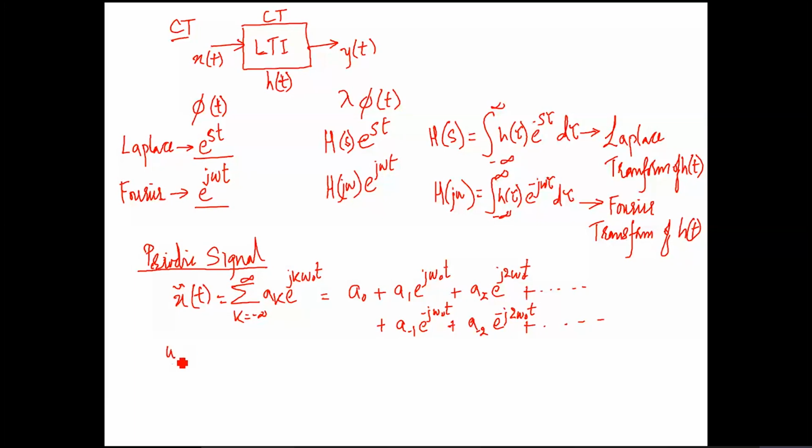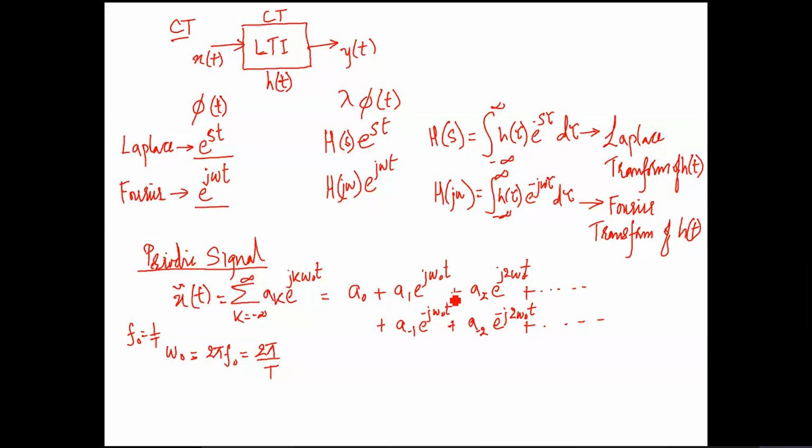This omega naught is related to your repetition time period T by the relationship omega naught equal to 2 pi f naught, or equal to 2 pi over T. And we know that f naught is equal to 1 over T. So he gave us this additional thing. Now this complex exponential, which is purely imaginary, he showed can be used as a basis function, or as a building block; in other words, we can break up periodic signals in terms of these complex exponentials.